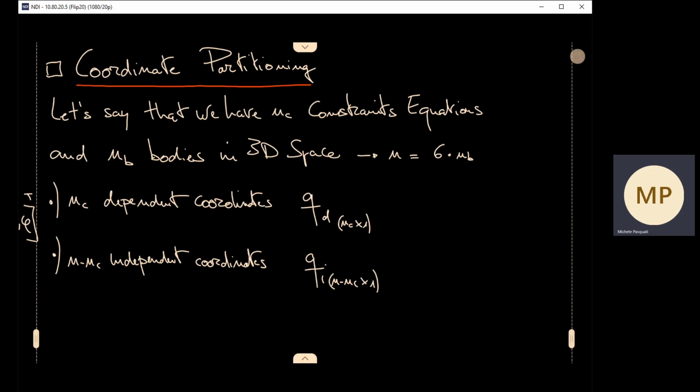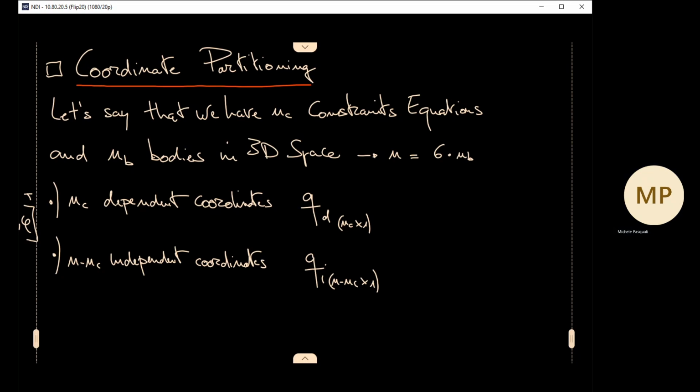Okay, this is always true both for holonomic and non-holonomic constraints. I didn't specify so far if these constraint equations were holonomic or non-holonomic. So this partitioning can always be done.